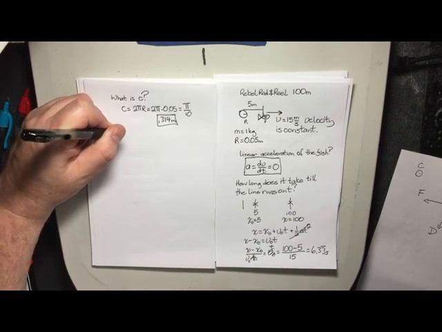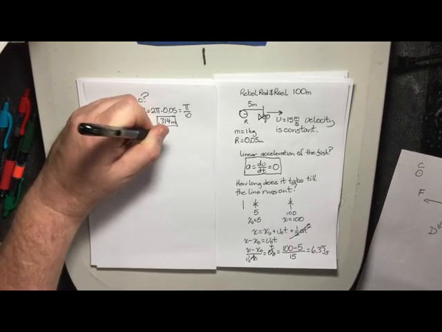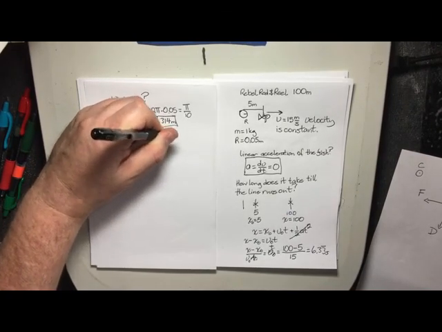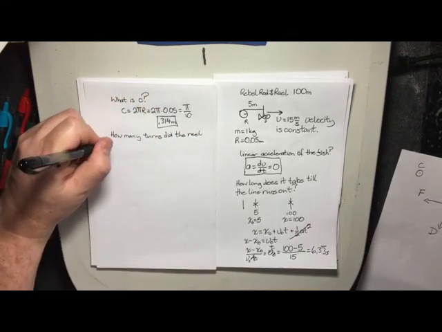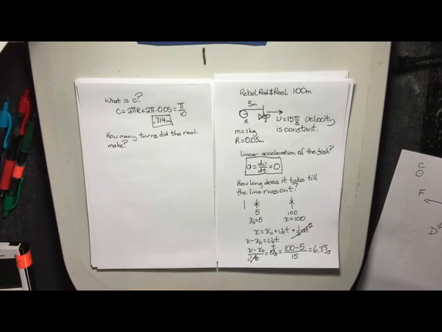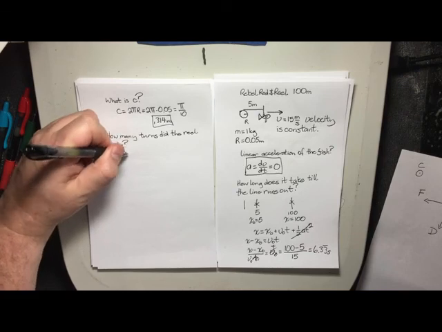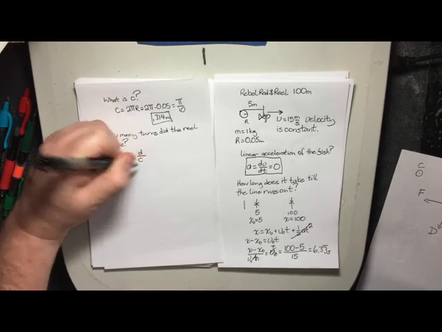How many turns did the reel make? So if it turns once every 0.314 meters, and it let out 95 meters of thread because 5 meters was already out, this means that the number of turns is the distance divided by the circumference.